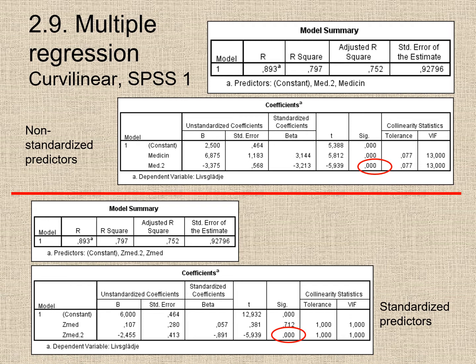However, does any one of them have an advantage compared with the other one? If I say the one with standardized values has an advantage compared with the unstandardized one, what advantage does it have? Collinearity. We have very low tolerance here, while here we have perfect tolerance, no collinearity.